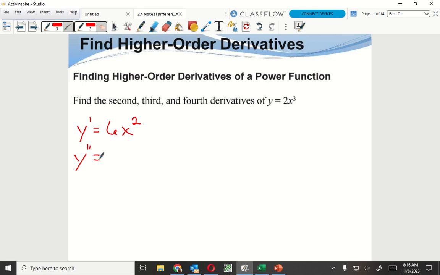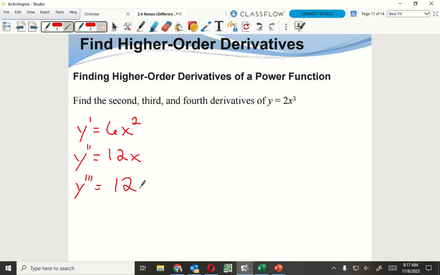So take the derivative of the derivative. Okay, so 12x. And y triple prime is going to be the third derivative, which is just 12.